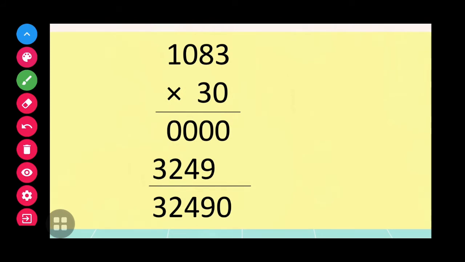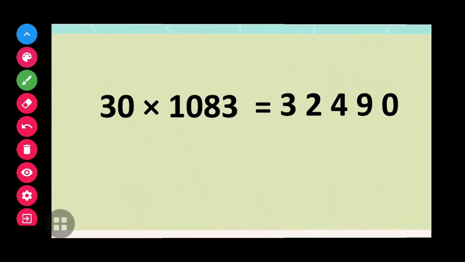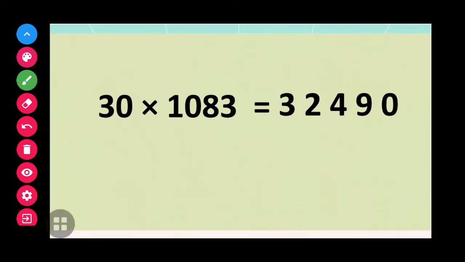Now you multiply this number by 30 and you get 32,490. Now we have the answer of the two numbers multiplied, and now we have to calculate the number of decimal places.